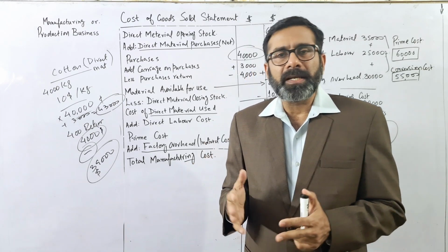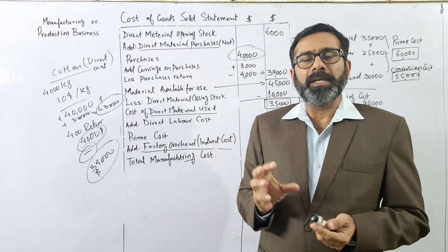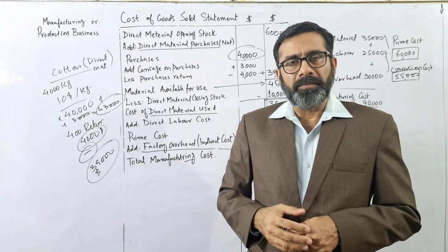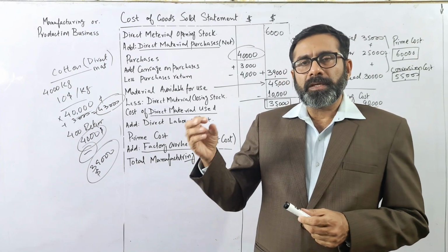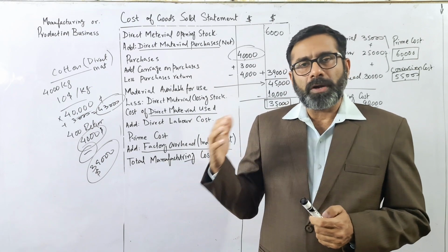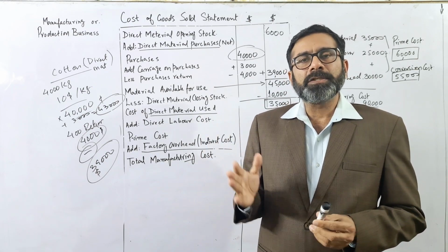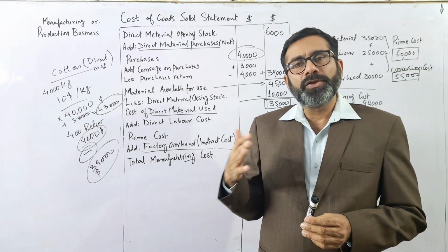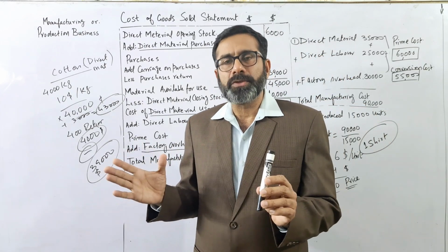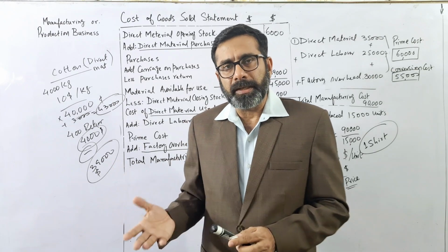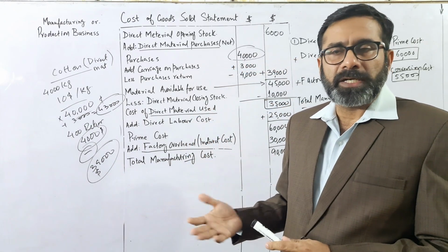Why is it available? Because all will not be used. Some unused stock will be there with them. So some of the kilograms or some of the raw materials or direct material will be unused at the end of the year, or at the end of the financial period.